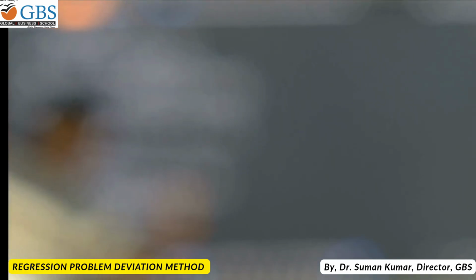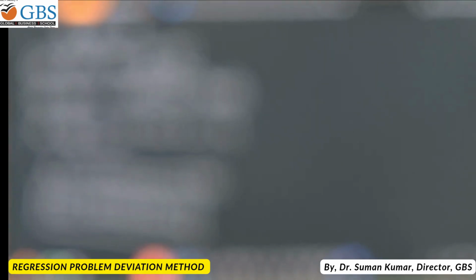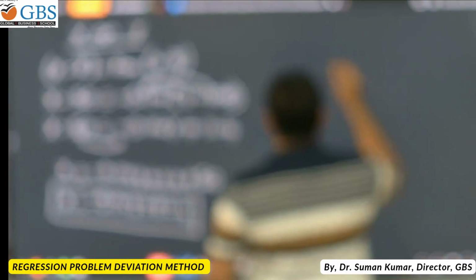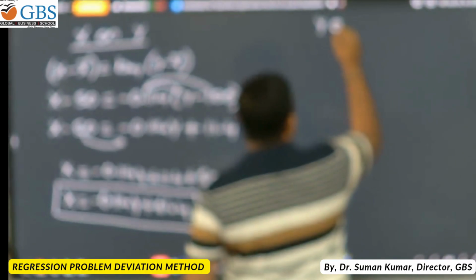Okay, x is equal to minus 0.114 y plus 61.4. What is this? This is the x on y equation. Any doubt after this? After this, we need to go for y on x.